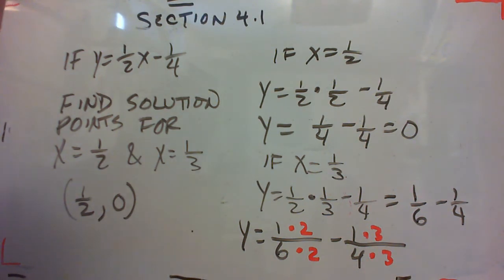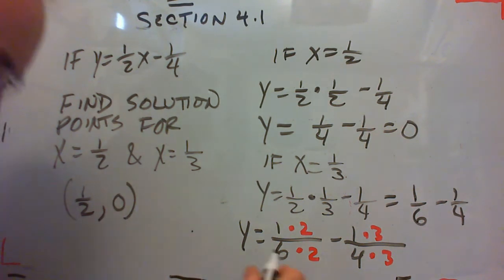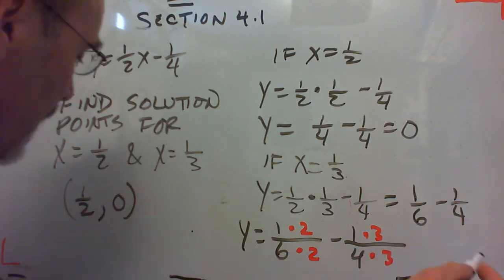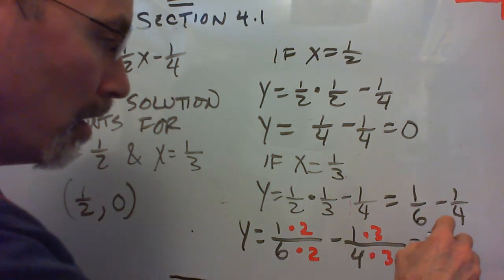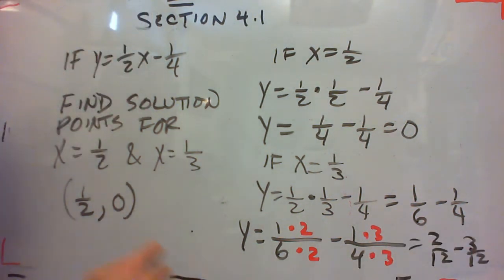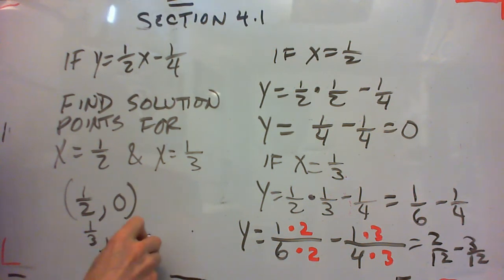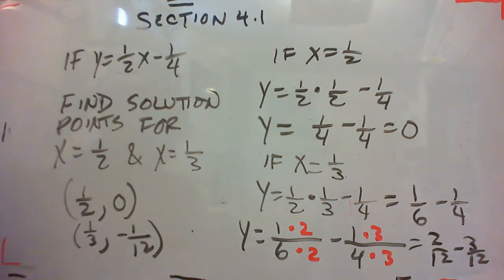So we get 2/12 minus 3/12. And that makes negative 1/12. So our second solution point is 1/3, negative 1/12. So here's our answer given as two ordered pairs.